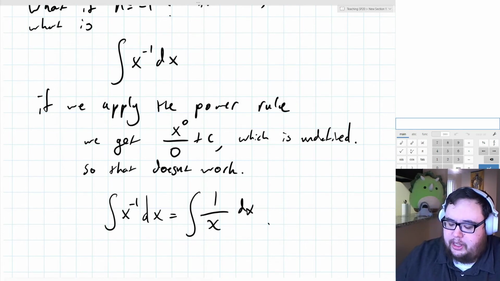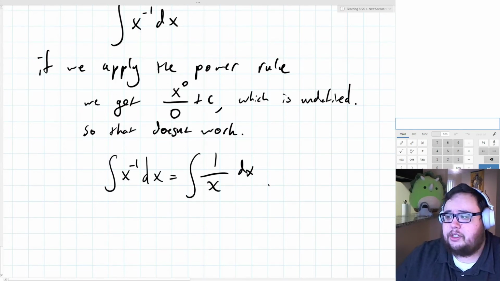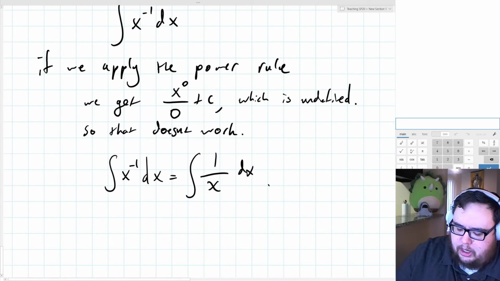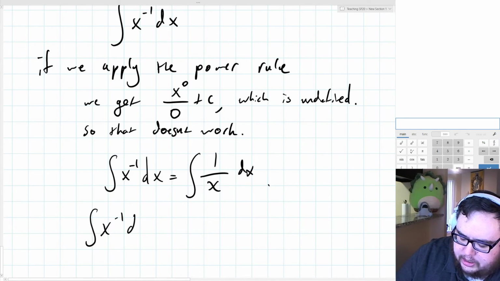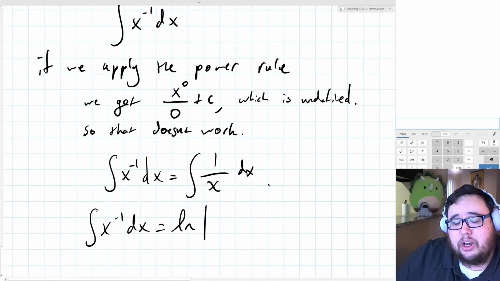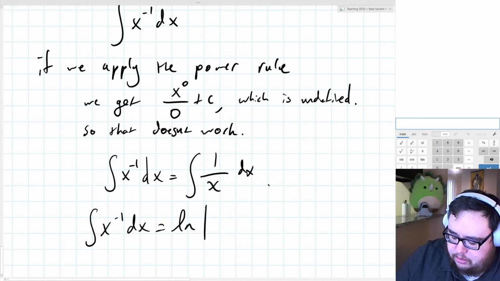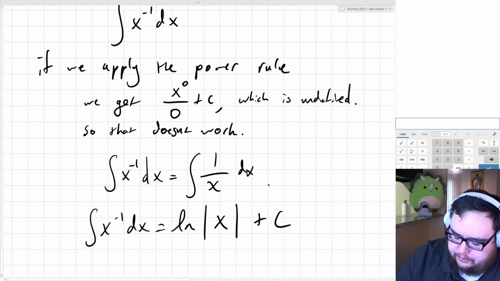Yep. The natural log function conveniently saves us from this dilemma, right? So actually, the integral of x to the negative 1 dx is equal to the natural log of the absolute value of x plus a constant.